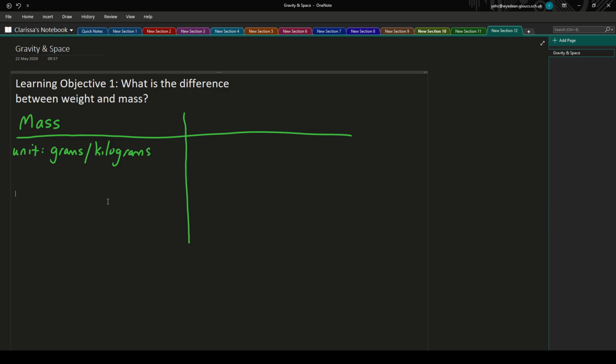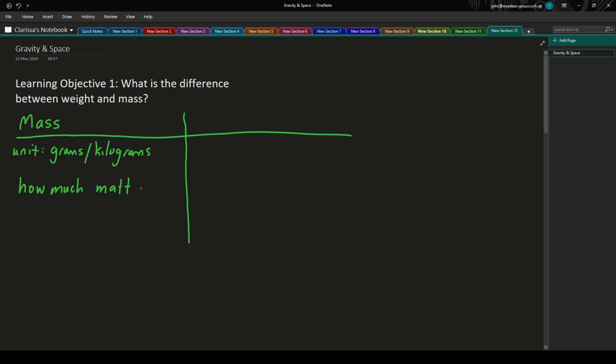So how much matter or how much stuff makes up the object.